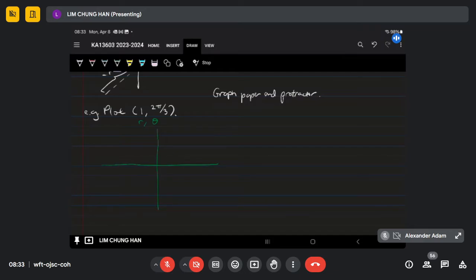The first thing you plot is the theta. You draw this cross on your graph paper, you take out your protractor. You do the theta first.